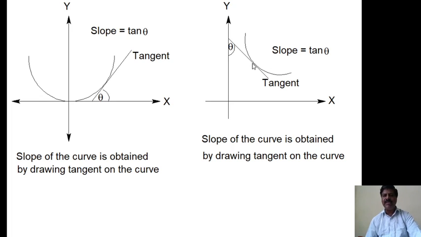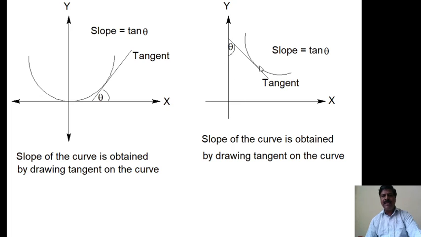Now suppose we extend this tangent, extrapolating it towards the y-axis, where it cuts the y-axis. This becomes theta, and it makes a right angle triangle.